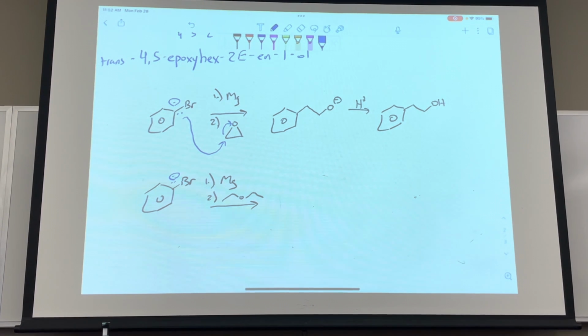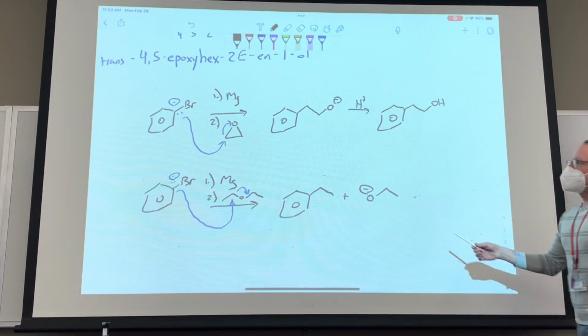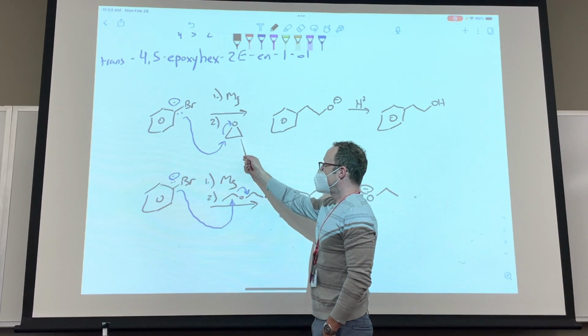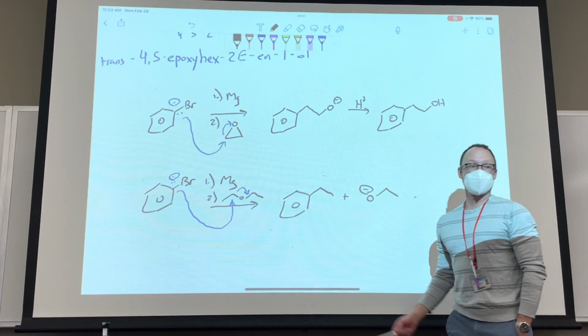Could I do this reaction? The exact same reaction that I just did with ethylene oxide. Would this work?